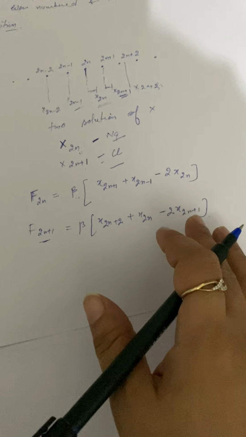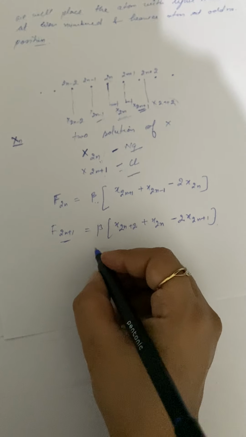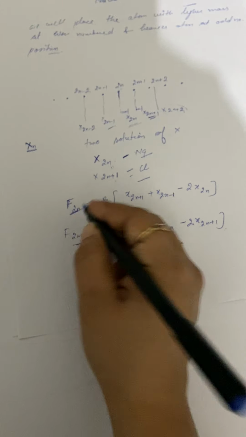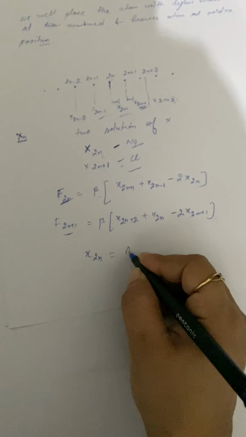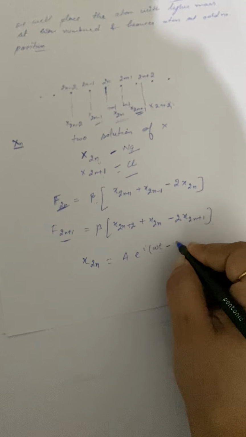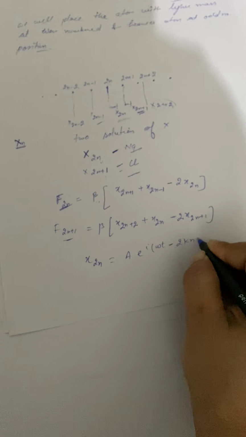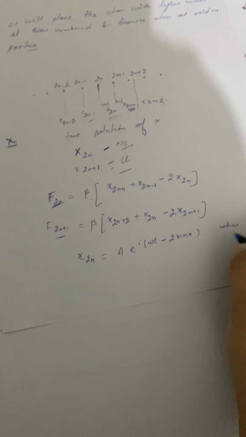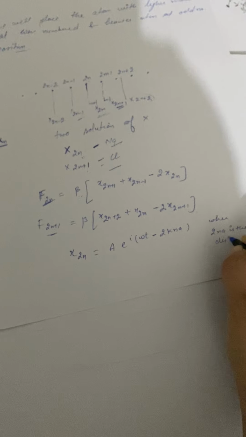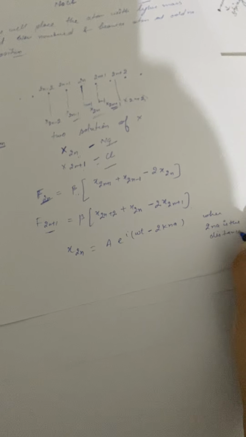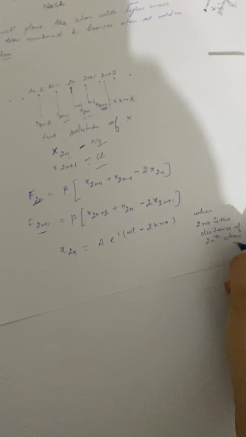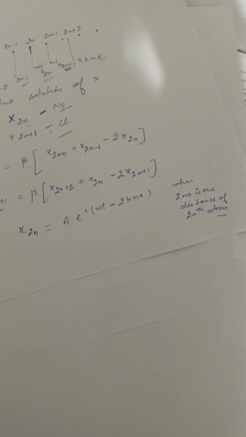So if we have a solution of these equations, x raised to power 2n is A e raised to power iota omega t minus twice of k n a, where 2na is the distance of the 2nth atom, where a is the interplanar spacing.